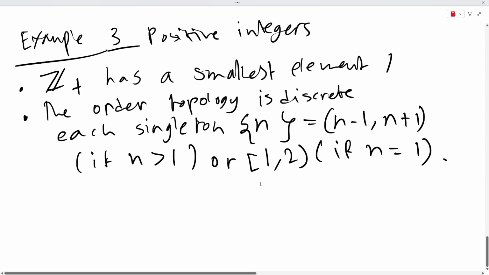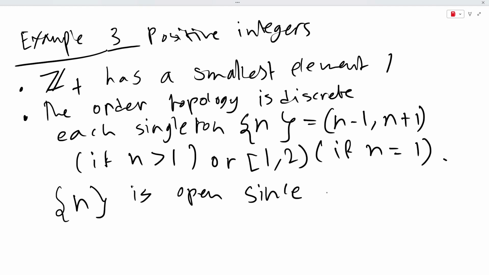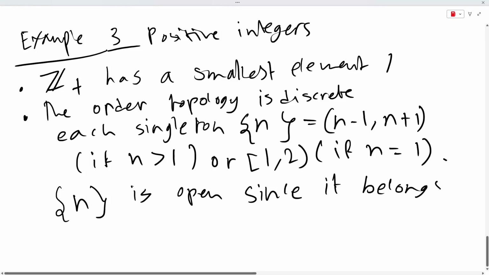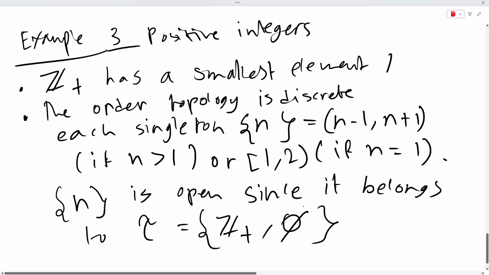So this is the discrete topology because every set we pick is a singleton. This is an open set here, so this is open since it belongs to tau, which is just going to be equal to Z plus and the empty set, since this is a discrete topology.